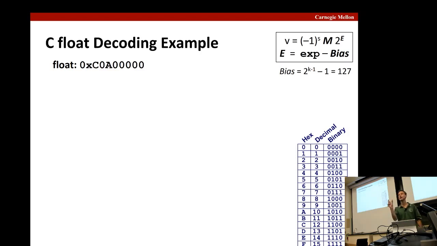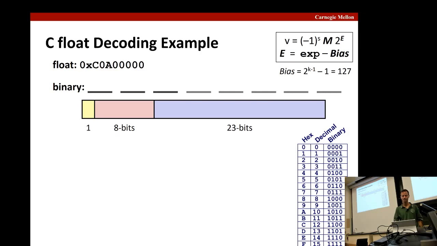Let's consider single precision, where the bias is 127. This is the division between sign, exponent, and fraction. These are the things we want to compute, and once we've computed them, we can figure out the value by plugging into our formula.